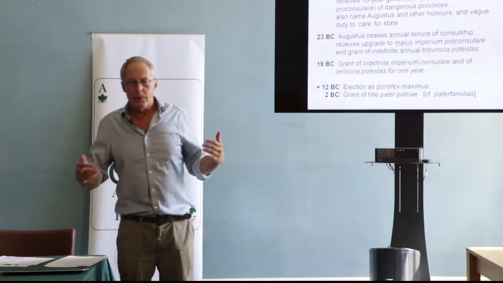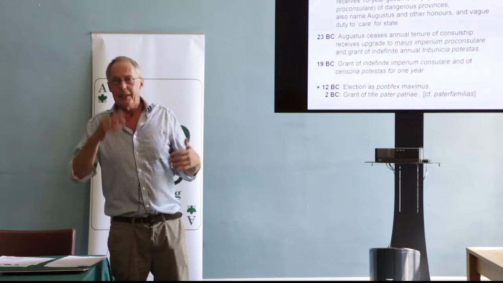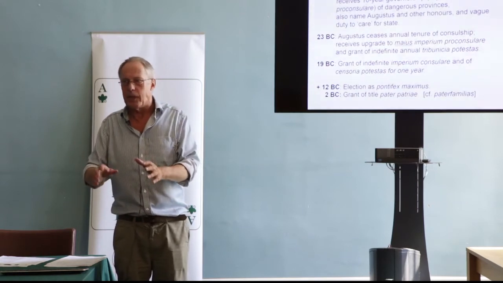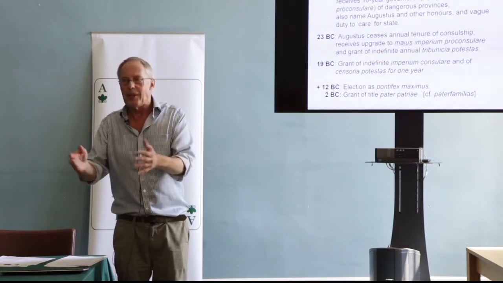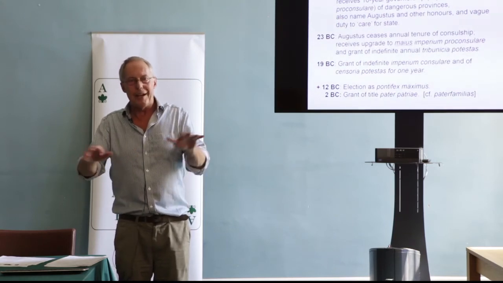power is the result of a struggle for power, that it's couched in this question of, are you restoring libertas or are you establishing dominatio? And what comes out in the end is a bit of a compromise whereby you have, in a sense, gone back to the norms of the Republic, like annual elections of consuls and so on, but you have abstracted the powers that Augustus wanted and given them to him personally in a bundle, which means that he is in a position without any definition.